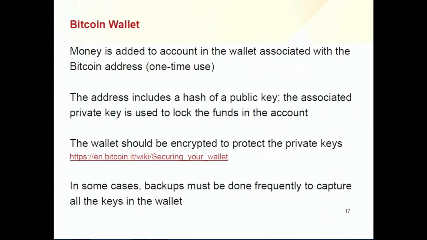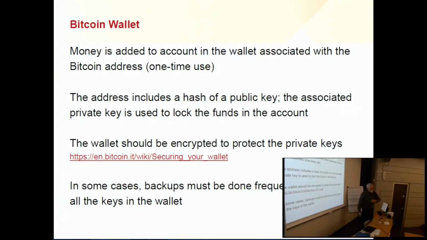Okay, so then we have a wallet. You can get money added to your wallet, a coin associated with a Bitcoin address. So it goes to the address, and then the address points to an account within the wallet. So the wallet sort of has different pockets in it.